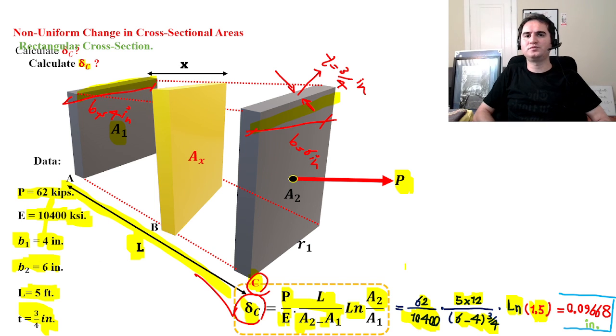It's 6 over 4, that's 3 over 2, that's 1.5. And if you do the math, it gives you 0.096 inches.